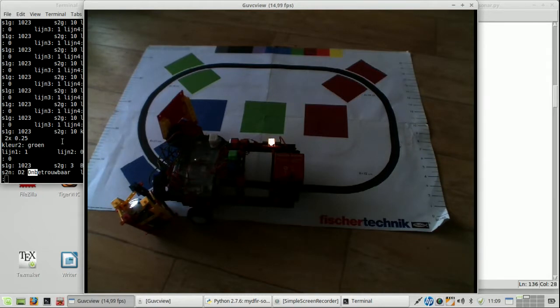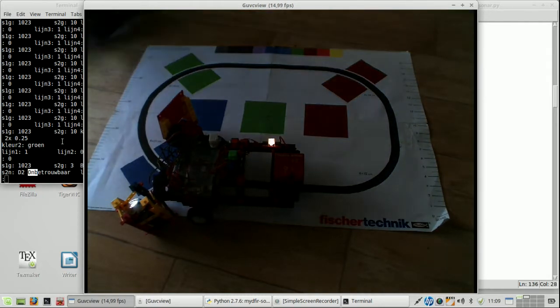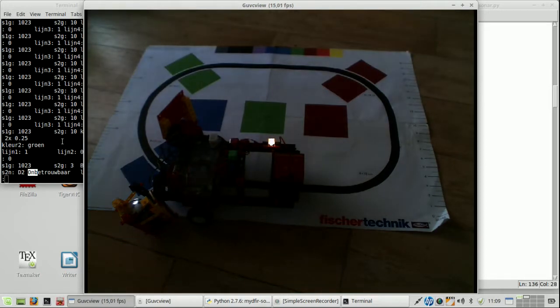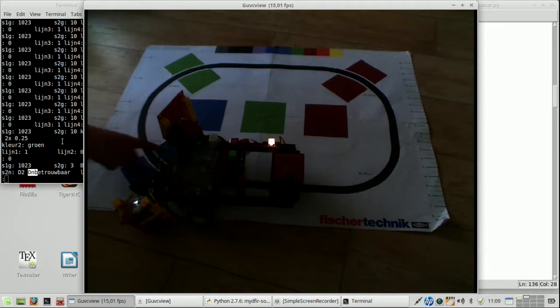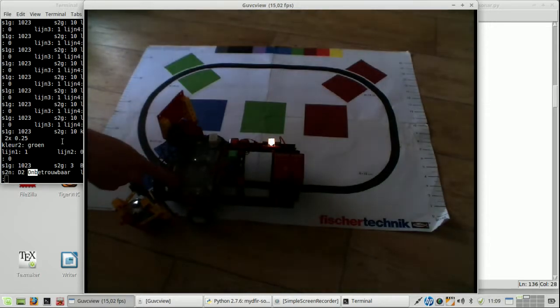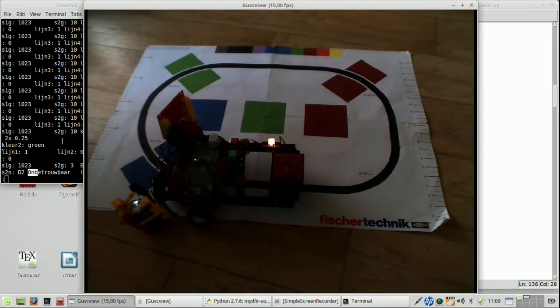So now, does it actually touch? No, it does not touch this blue surface. It is right in front of it. And this color sensor senses white.